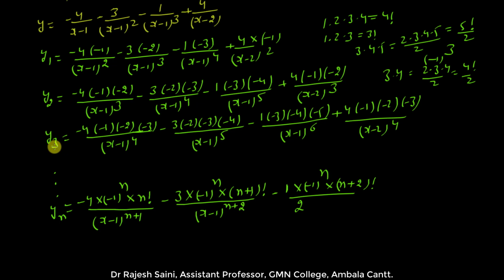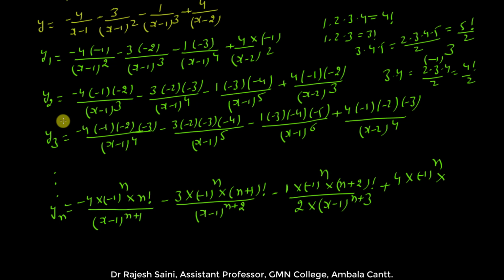Fine. Look over here, when here is 3, here is x minus 1 raised to power 6. When here is 2, here is x minus 1 raised to power 5. 3 more. Here is also 3 more. So whenever here will be n, this will be n plus 3. Fine. And similarly, the last term can be written as minus 1 raised to the power n into 1 into 2 into 3, which is 3 factorial.